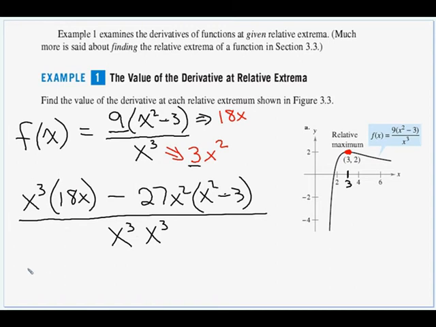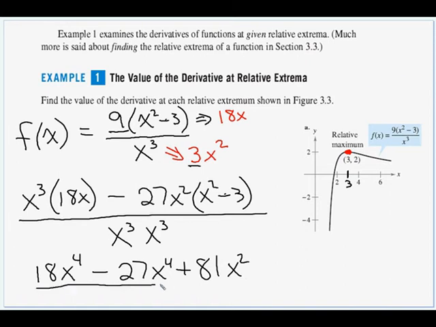If we distribute here, we're going to get 18x to the fourth, minus 27x to the fourth, plus 3 times 27 is 81x squared. And then our denominator, x to the third times x to the third, is x to the sixth.